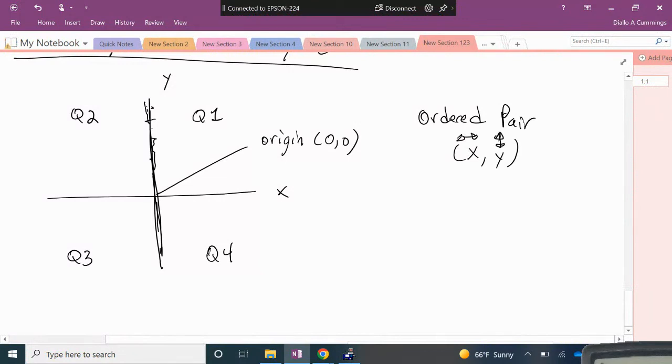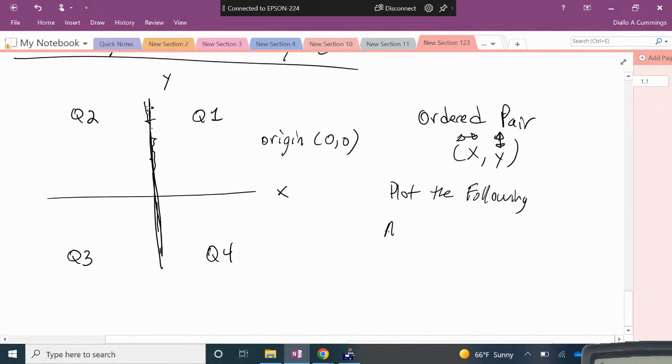So when you plot points, you must always start with the horizontal motion, either left or right, and then that second motion is the vertical component. All right, so we're going to take a look at plotting some points.